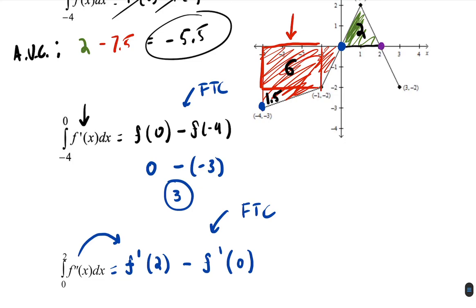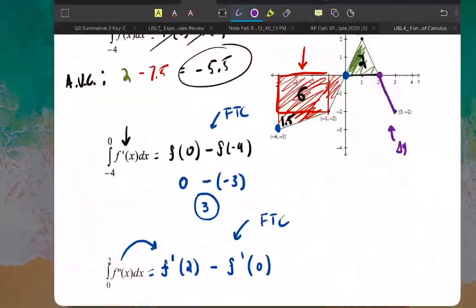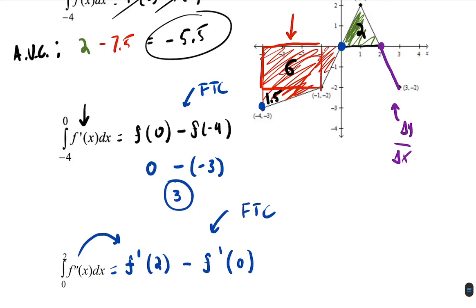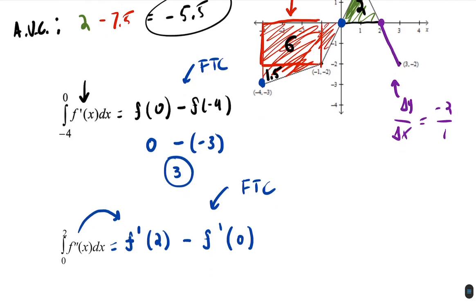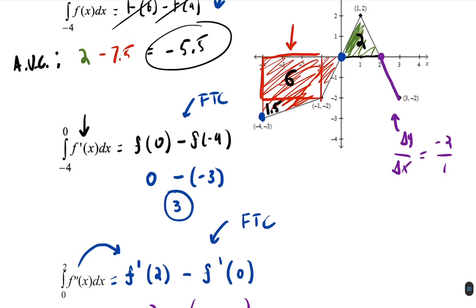f prime of 2 is the slope of this line. So it looks like we go from (2, 0) to (3, -2). If I just look at change in y over change in x, well, we go down 2 over 1. That slope is going to be negative 2. So this first slope is negative 2 minus f prime of 0, which looks like up 2 over 1.